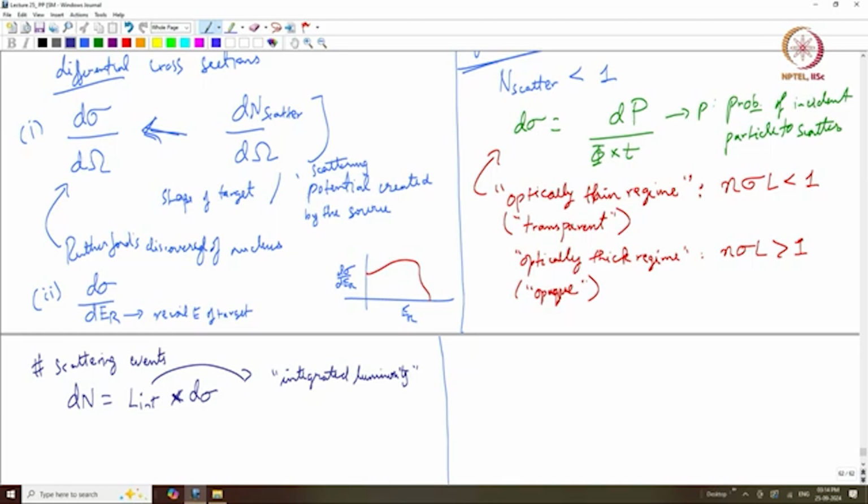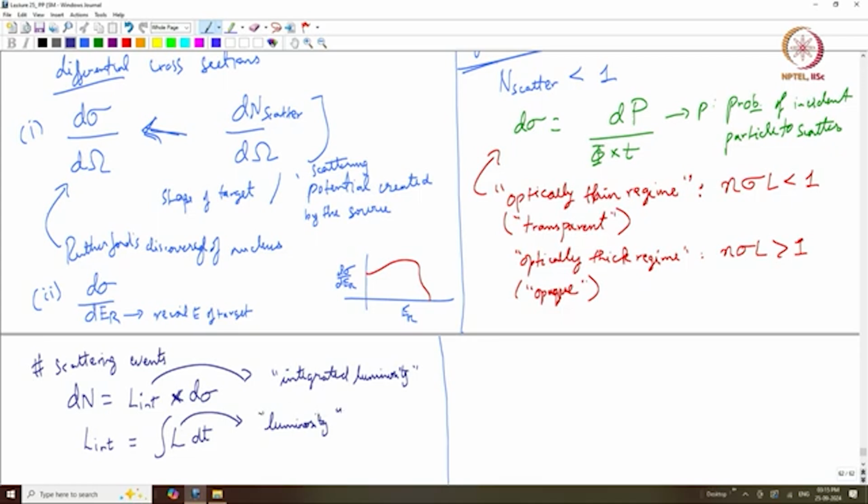Okay. Now what is integrated luminosity? For that, let's look a bit more into what we mean by luminosity. We say integrated because we have literally integrated over some other quantity, which is the luminosity. So what could this luminosity be?